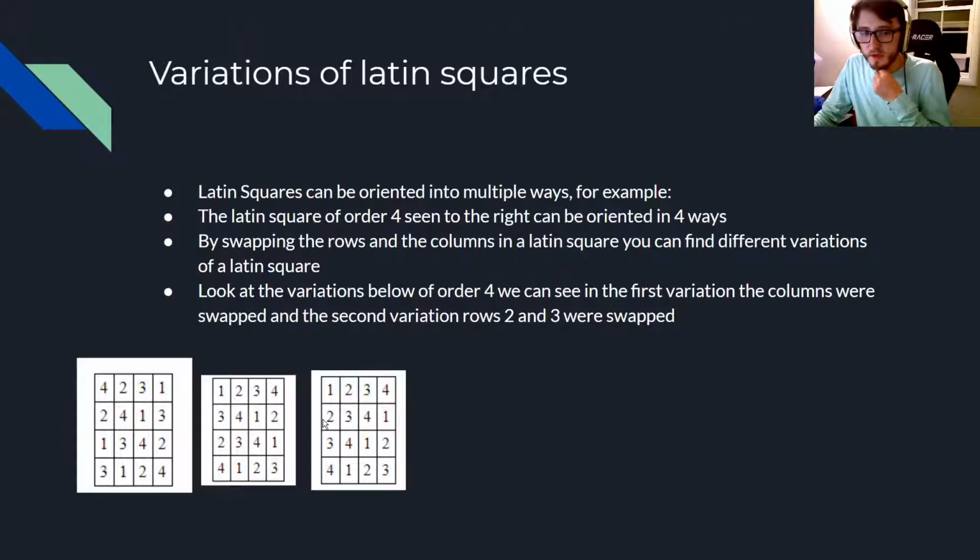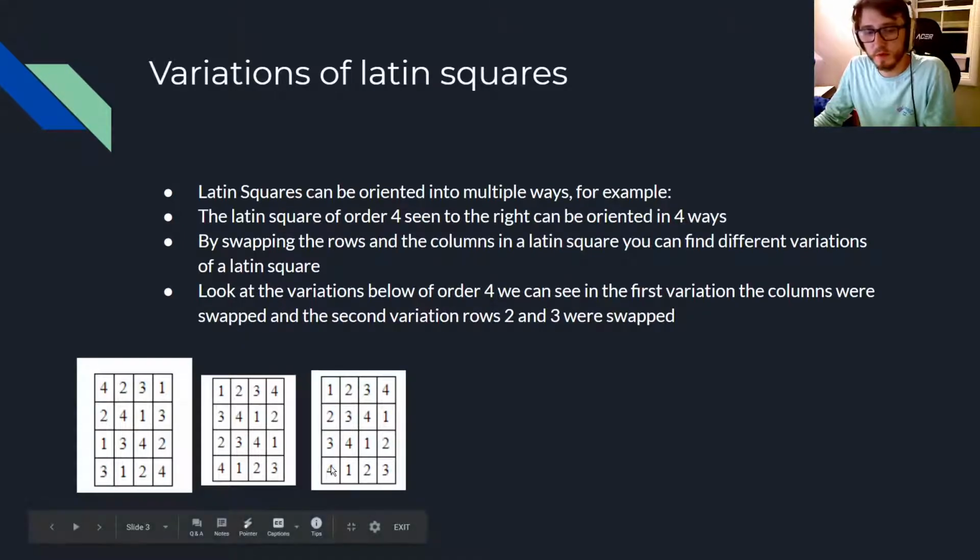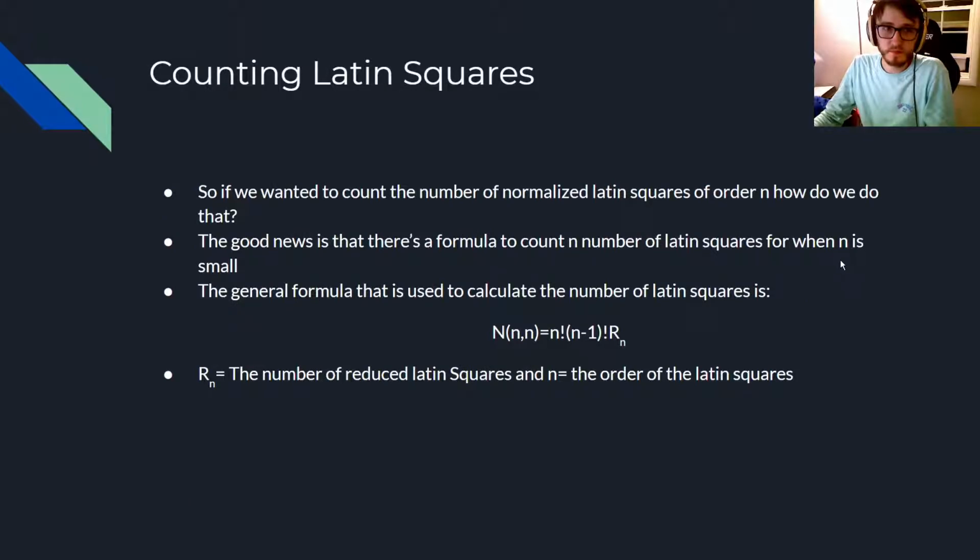We'll just double check this one more time. There's a 2 in row 2, column 1. We look across, 2 3 4 1, there's not another 2 here. We look down the column, 1 2 3 4, and there's not another 2 there. So these are just a couple of different variations of Latin squares.